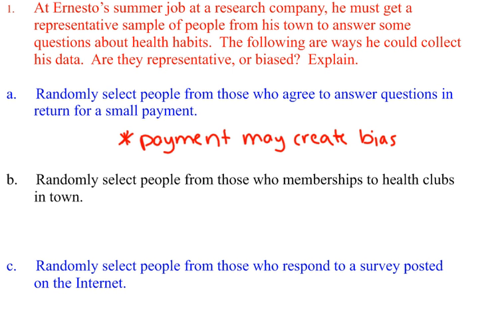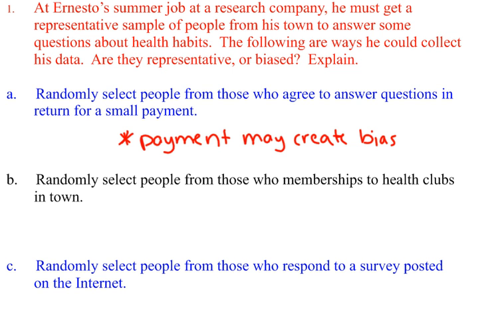How about randomly select people from those who have memberships to a health club in town? Depending on what we were talking about, if we wanted to know about people who had health club memberships, that might not be biased. But if I was going to just survey members of Hutchinson, and I decided to just go with people who have a membership to a health club, let's say we were checking the obesity rate in our town. If I choose people who go to a health club, and that's the only people I select from, I might end up with healthier people, right?